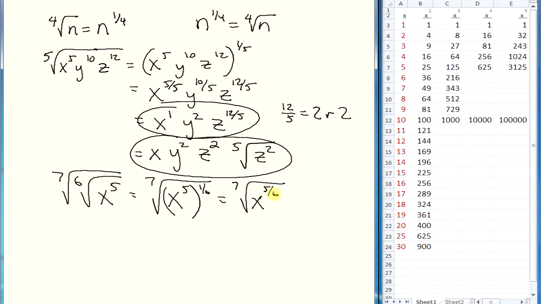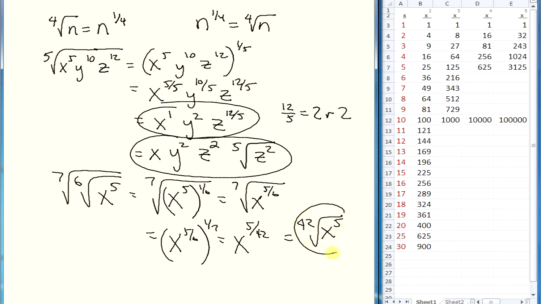If I then decide to rewrite the 7th root as 1/7, I would realize that I can multiply these exponents together and come up with 5/42. So in actuality, this crazy problem is nothing more than the 42nd root of x to the 5th. Now again, do I want a radical? If I do, this would be its simplified form. If I just want the exponent, this would be the answer.